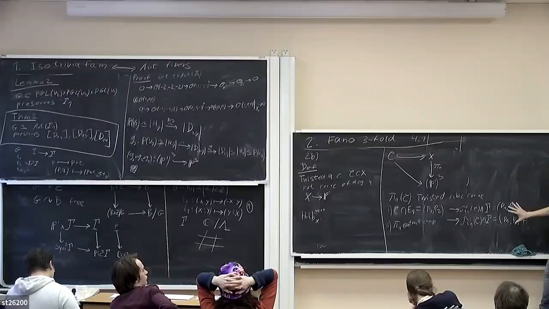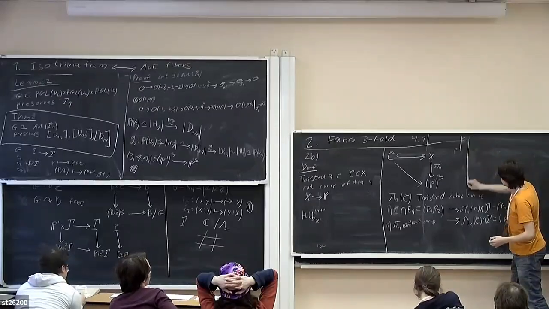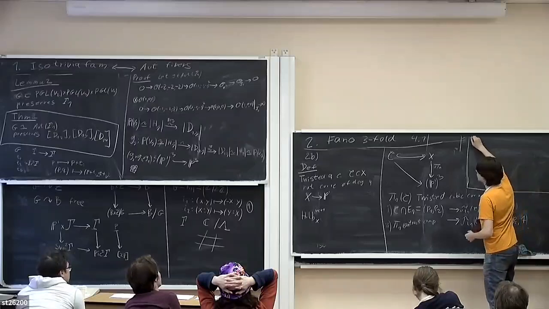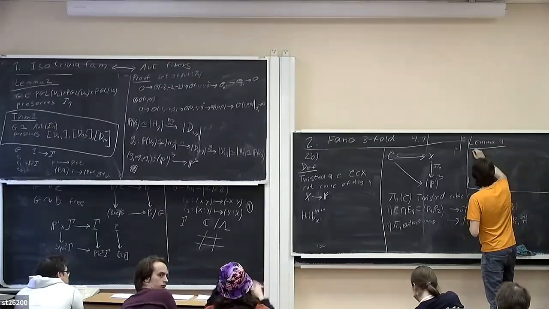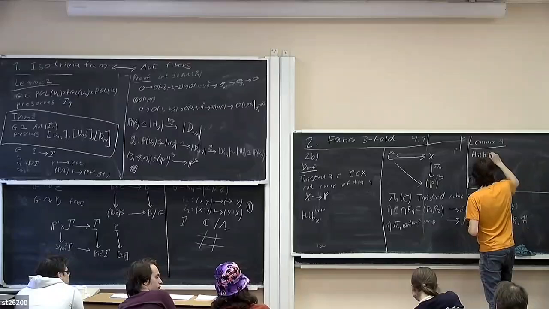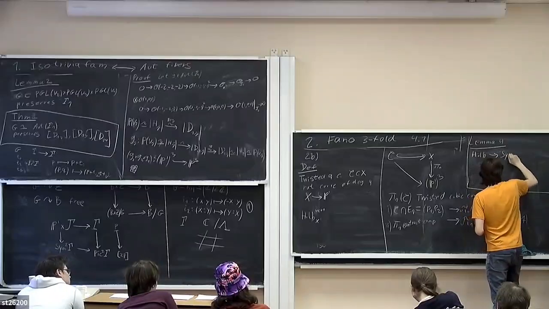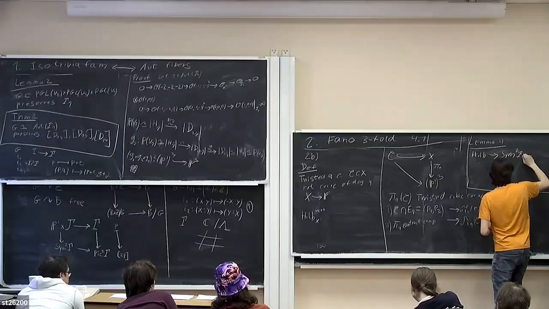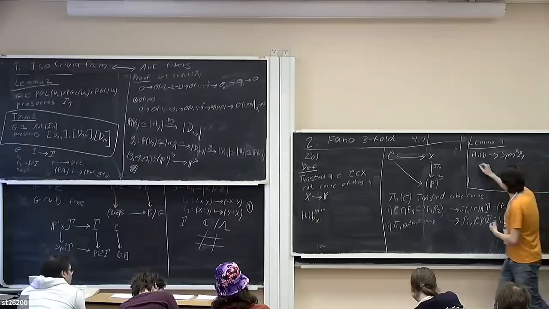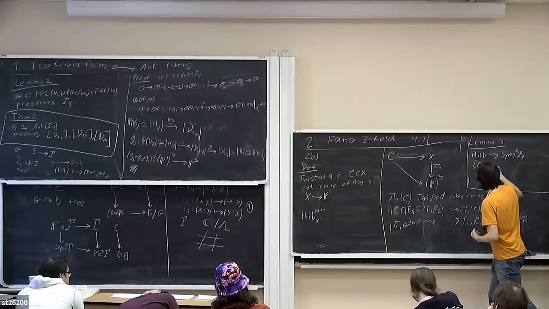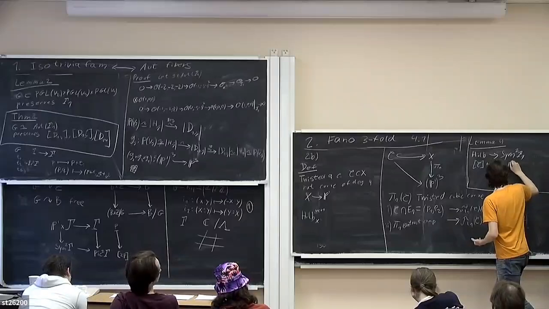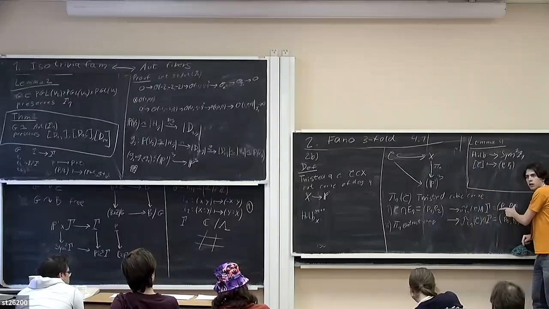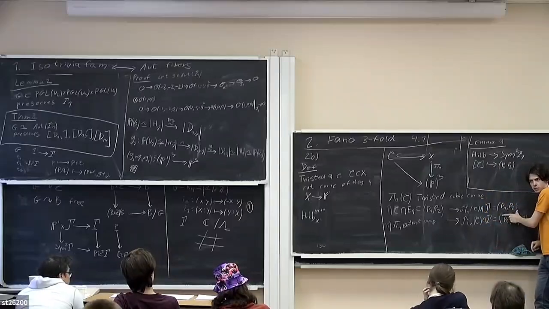And actually, it's possible to construct some morphism. Lemma 4. There exists a morphism from the Hilbert scheme to the symmetric square of gamma 1, where we take the class of the quartic curve C and map it to this length 2 subscheme P1, P2.